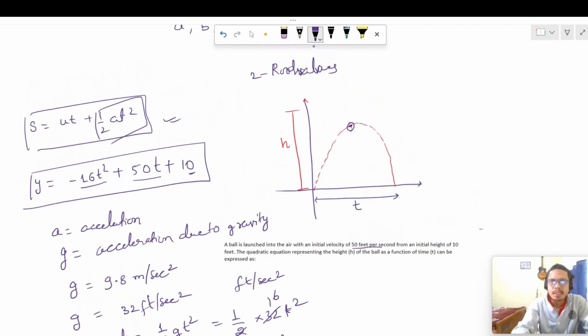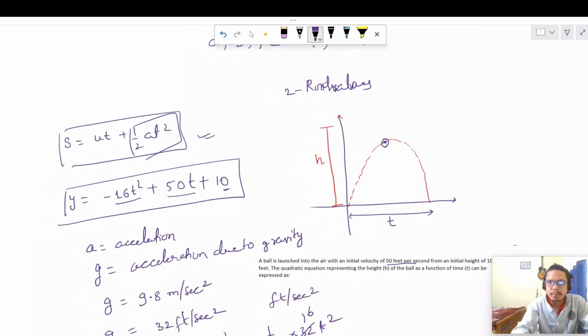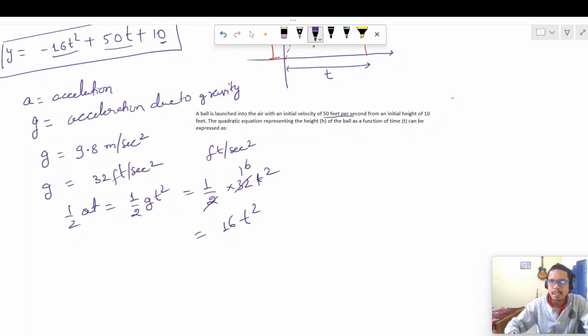This type of problem is generally represented by a quadratic equation, and there are many more applications of quadratic equations, like in finance mathematics. In order to calculate the interest rate, quadratic equations are used. Let me note down some of the applications of quadratic equations. This is physics, the problem we just discussed over here.